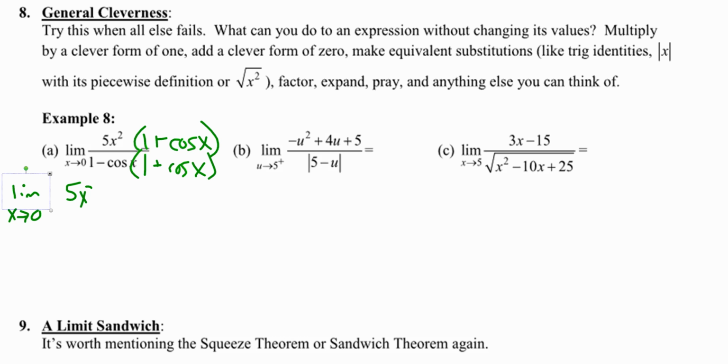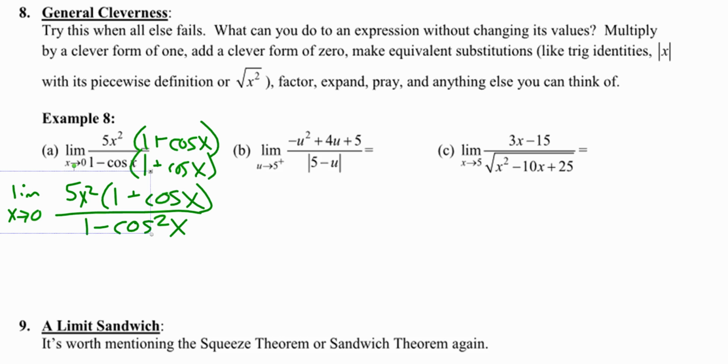So we have 5x squared times 1 plus cosine of x all over 1 minus cosine squared of x. 1 minus cosine squared, using our Pythagorean identities, we know that's sine squared.